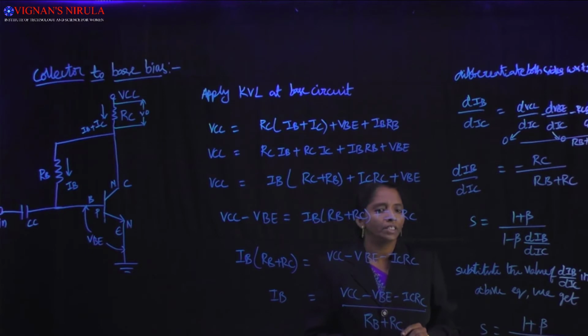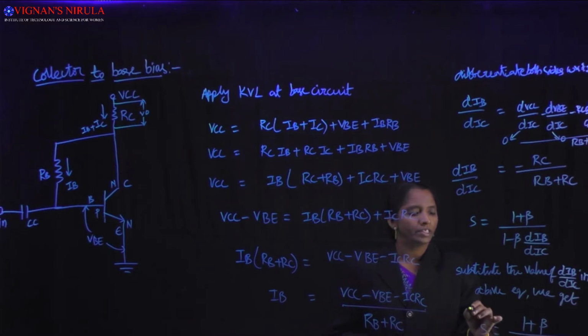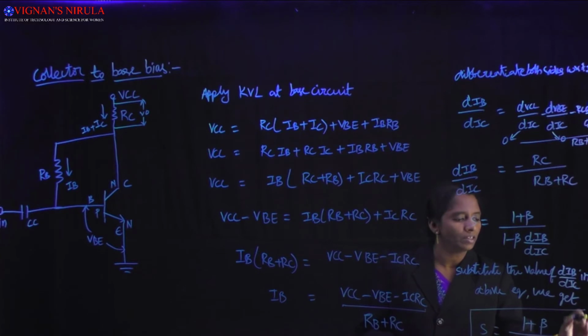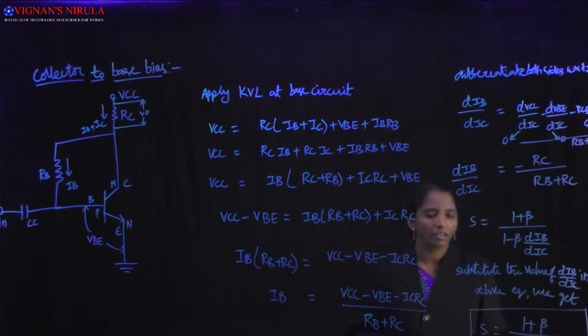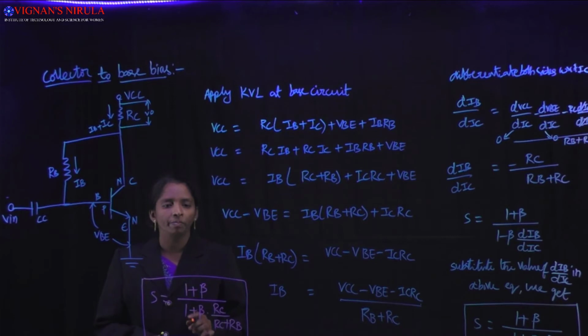So S equal to 1 plus beta divided by 1 plus beta into RC divided by RC plus RB. This is the stability factor equation in collector to base bias circuit.